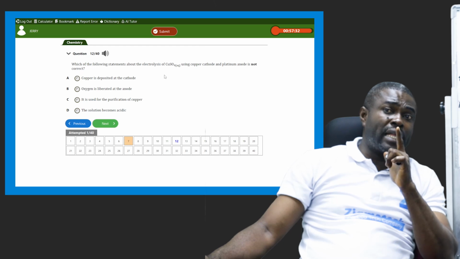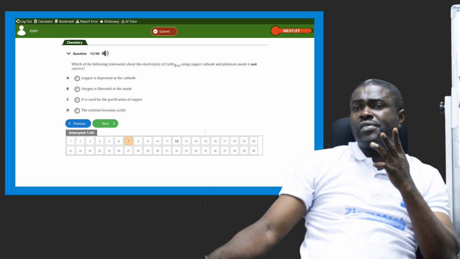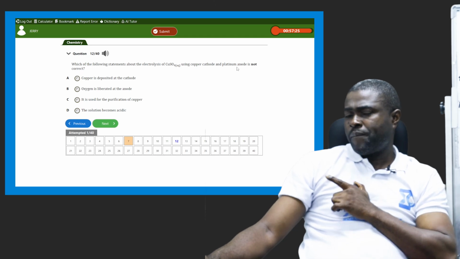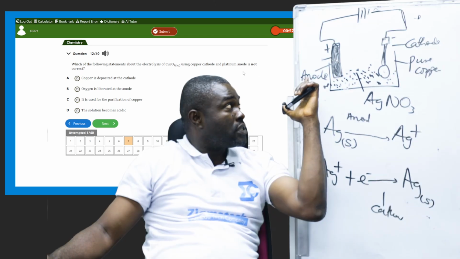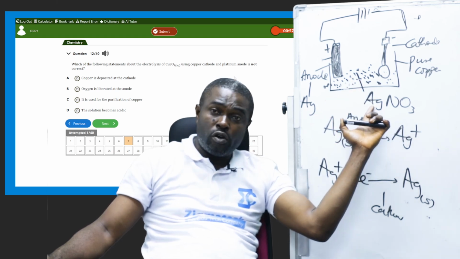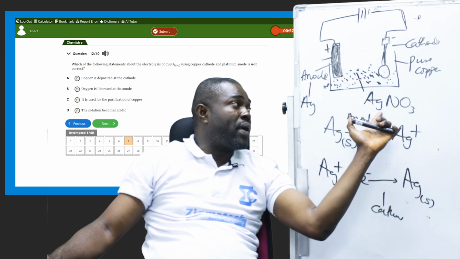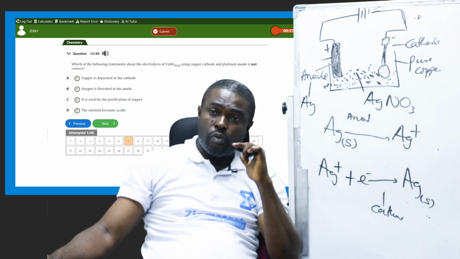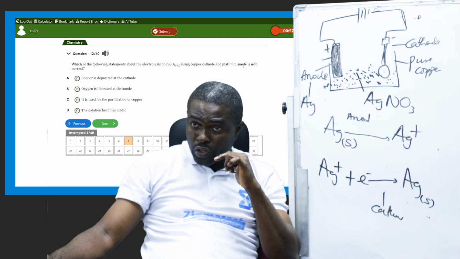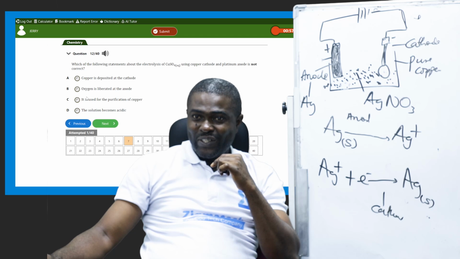I told you that the electrolyte must have something to do with the anode. If the anode is silver, the electrolyte must be a silver compound. So if the electrolyte is copper sulfate, the anode is supposed to be copper. But here we are told that the anode is platinum. Can you see that? So the one that is wrong is C.